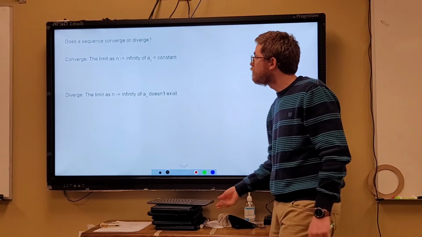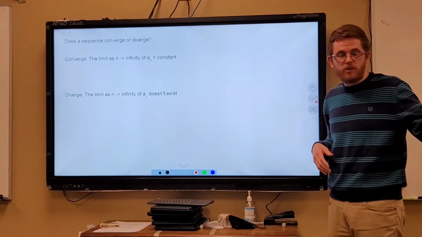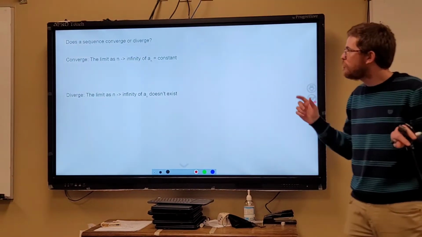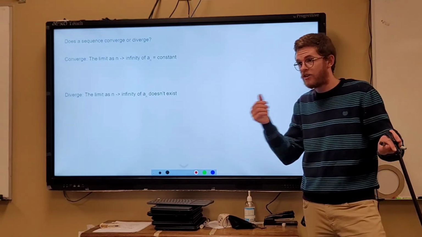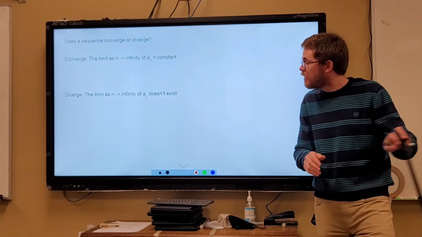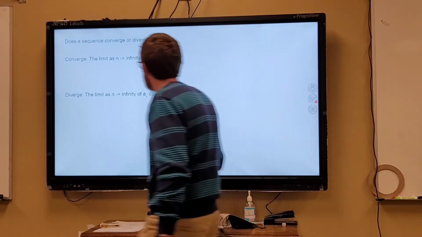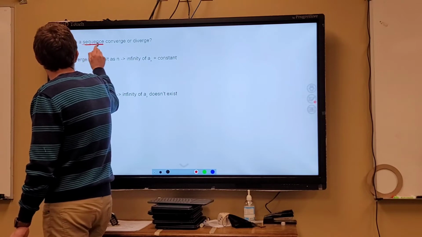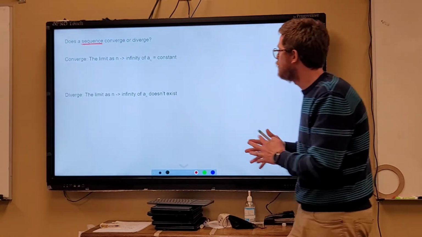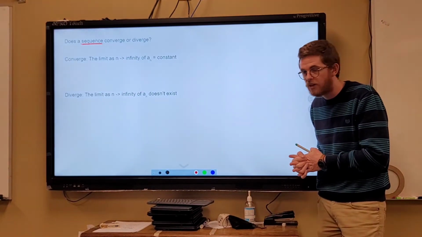All right. So, does a sequence converge or diverge? We used those terms a little bit before in the past, converge or diverge. And notice we're talking specifically about a sequence right here. This whole slide is very specific to a sequence.